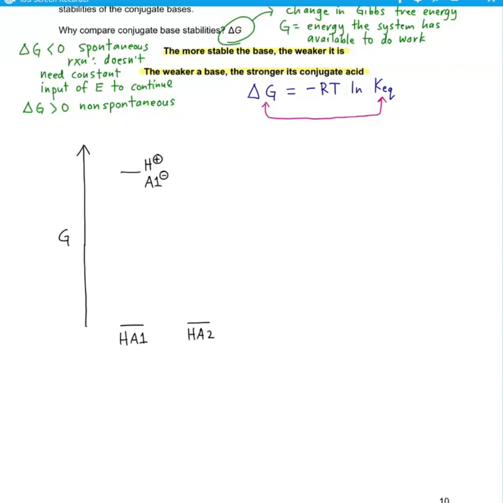And let's say that when HA2 dissociates, we get also a proton and the conjugate base of HA2, which is A2 minus. Each of these processes is described by a delta G. So let's say that this quantity of energy we'll call delta G1, and this quantity of energy we'll call delta G2.